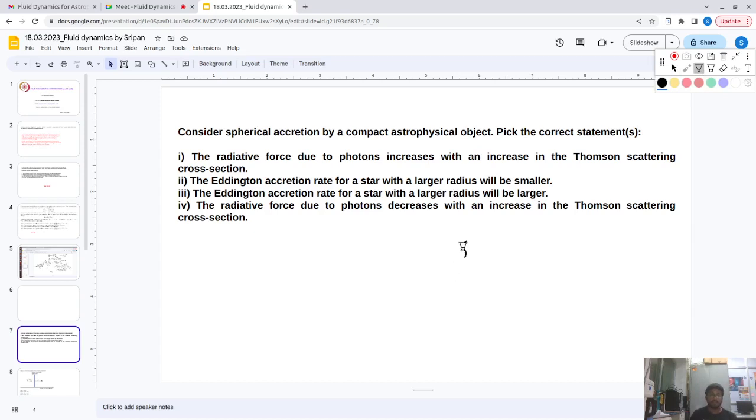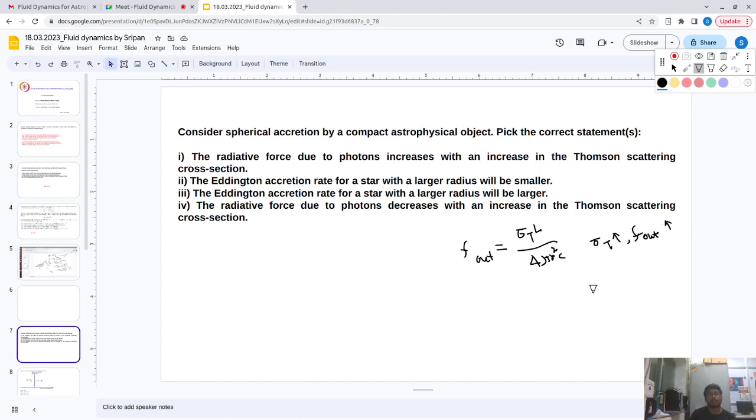So let's say F outward is sigma T L by 4 pi r square c, right? So your sigma T is your Thomson scattering cross section. Now if sigma T is getting increased, then F out is also getting increased. Okay.